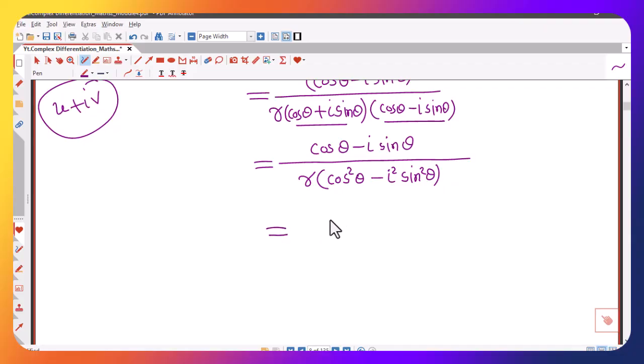And now if we simplify, this is cos theta minus i sin theta, here r as it is.